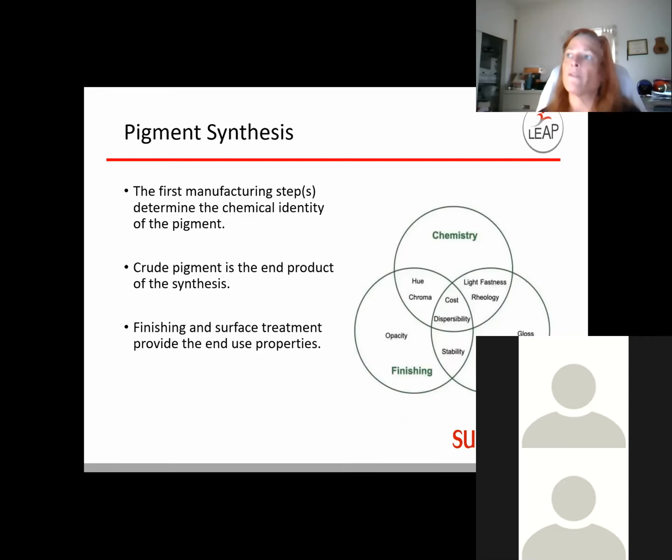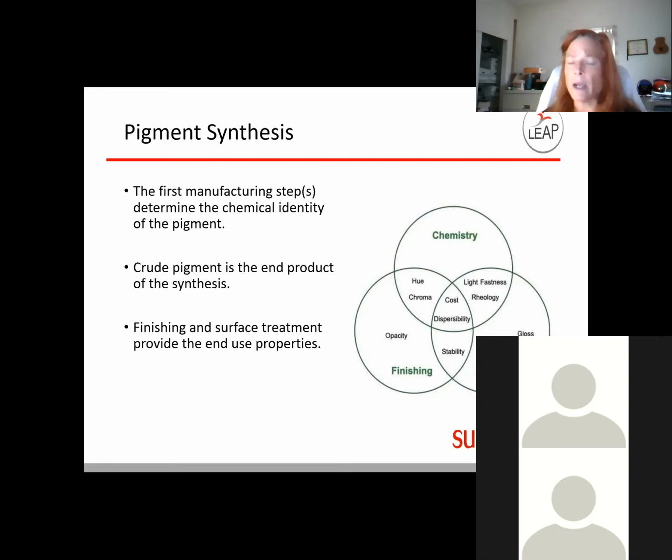As we said, the first steps in the process, of course, determine what the chemical identity of the pigment is, what that molecule is supposed to be. The end process of all of those synthesis steps is what is considered the crude pigment. This is not the end product, but the final chemical, physical crystal product is the crude product.